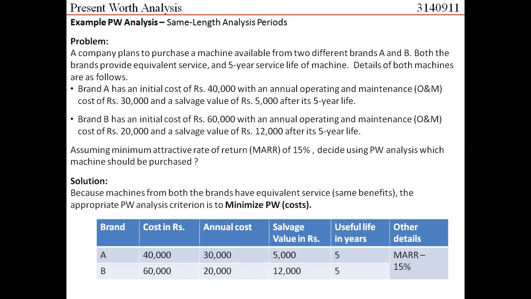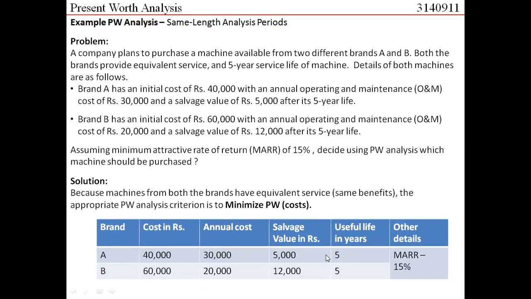Right? Let us summarize what has been given as data to us. We have two brands, brand A and brand B. The machine from brand A costs 40,000 initially and brand B costs 60,000. The annual cost in terms of operation and maintenance is 30,000 for the machine from brand A and 20,000 for the machine from brand B. The salvage value after 5 years of life span is 5,000 and 12,000 for machine A and machine B respectively.